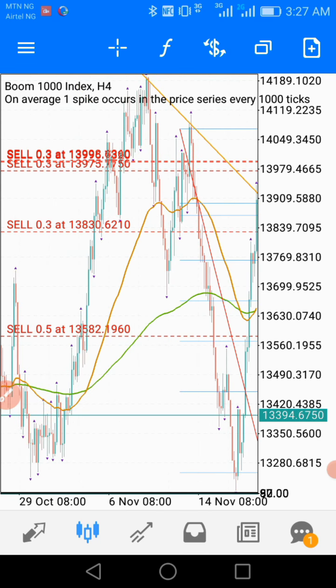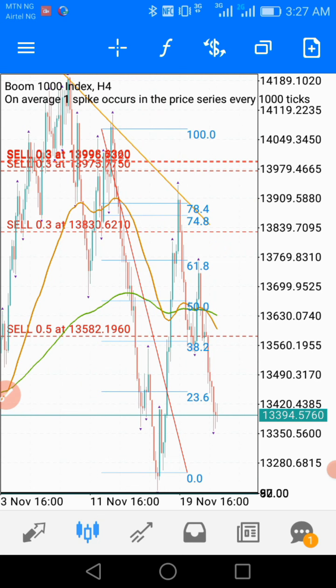Now the sequence is such that each number, as I'm going to show you in this video, is the sum of the two preceding numbers, starting from 0 and 1.